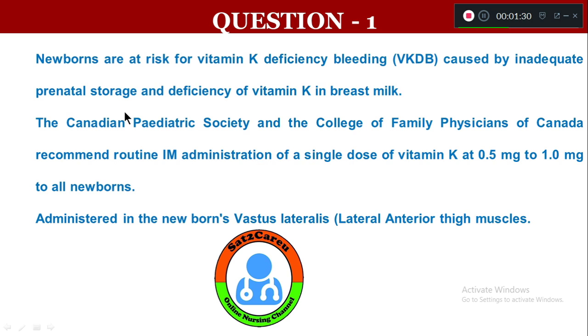Because of this, we need to administer vitamin K to overcome the prenatal deficiency of vitamin K. The Canadian Pediatric Society and the College of Family Physicians of Canada have recommended IM administration of a single dose of vitamin K at 0.5 milligram to 1.0 milligram to all newborns. This is administered in the vastus lateralis, that is the lateral anterior thigh muscle. So this is the rationale for the answer.